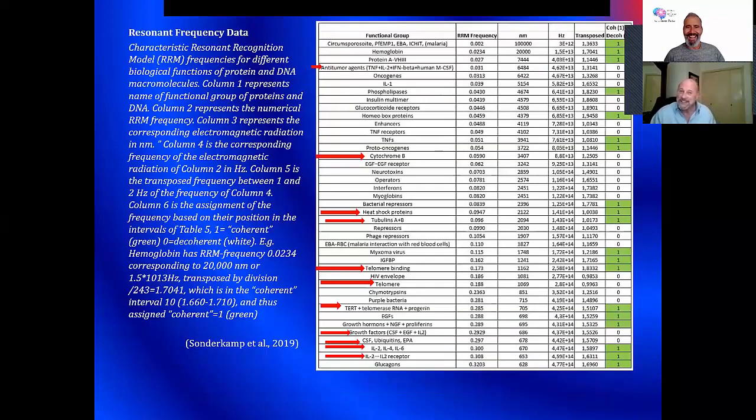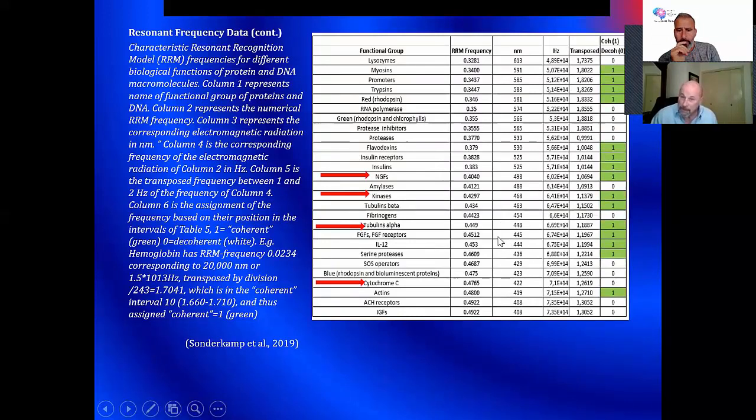So here's some data on resonant frequencies. You were talking before about wavelength, and here's your hertz. If you don't recognize the scientific notation, let's go down to a frequency that everybody recognizes.